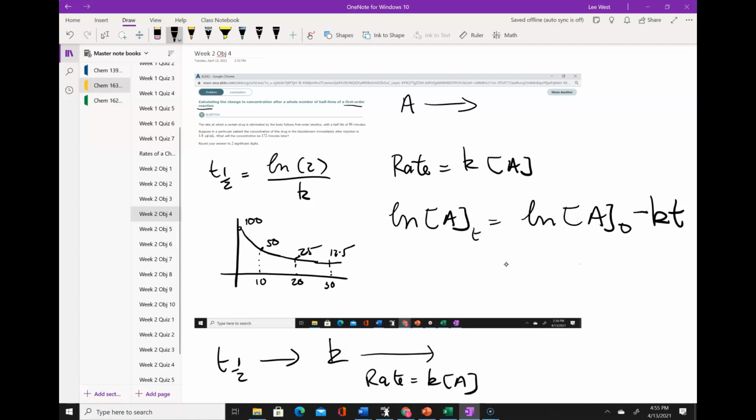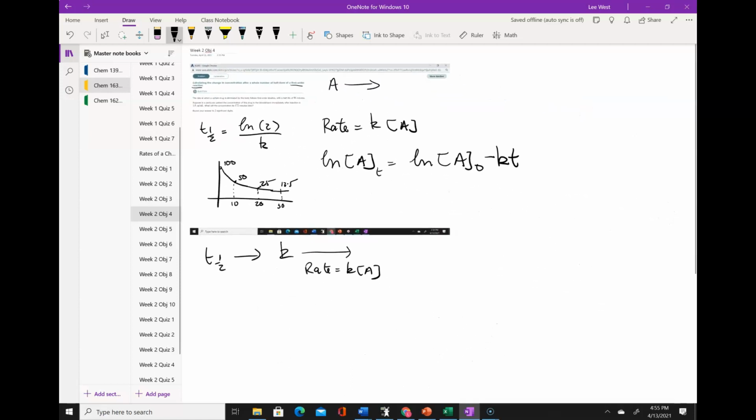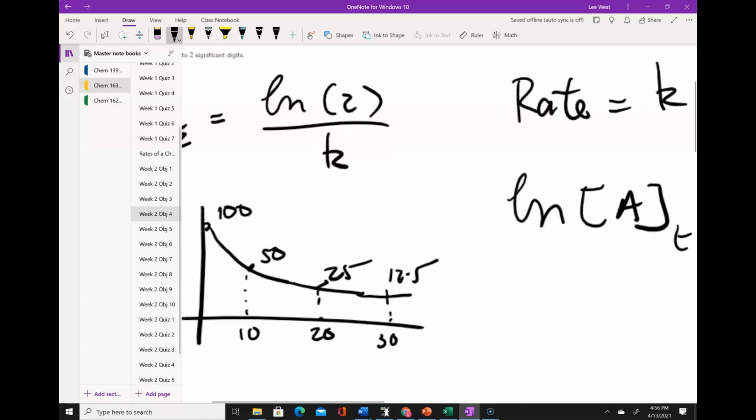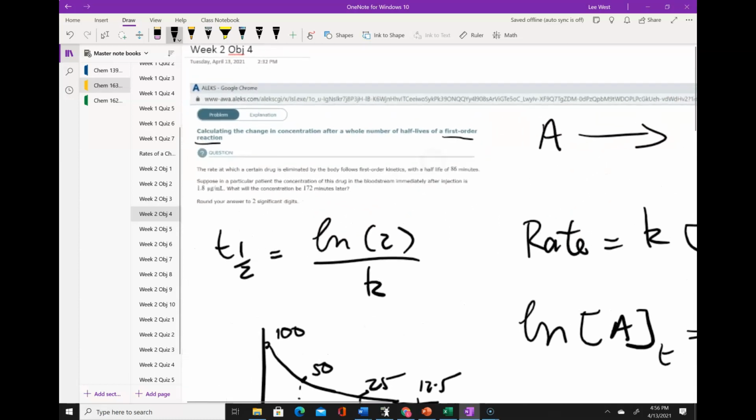So that can be really helpful as well. We've got a couple of ways of solving whatever problem we might be posed, because once we've got k, not only can we use the regular form of the rate law, we can also use the integrated form of the rate law. So let's see what they're going to ask.